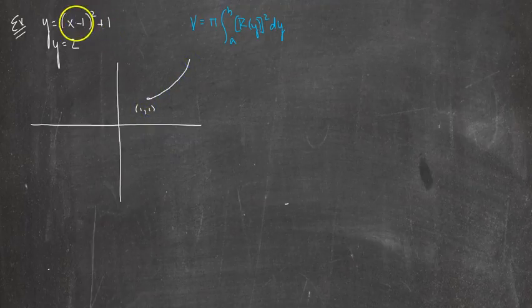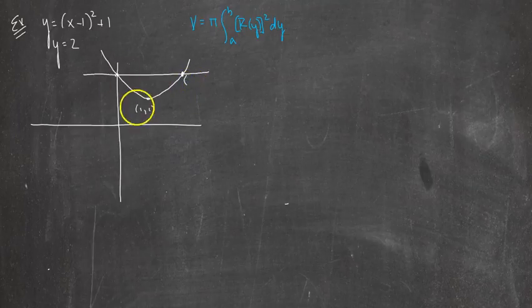And I know that there's a y-intercept at 0 minus 1 squared is 1 plus 1, 2, which is convenient because the other function is y equals 2. And then using symmetry, I know that this other point is, well, from 0 to 1 to 2, at 2, 2.